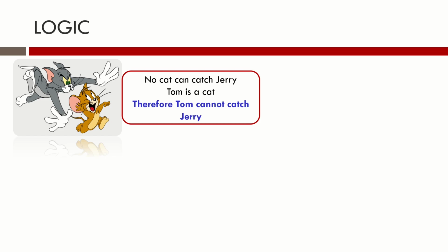The second statement is, Tom is a cat. These two statements we call premises. From these two statements, can we conclude that Tom cannot catch Jerry? This is the conclusion. The last statement is the conclusion and the first two statements are the premises.